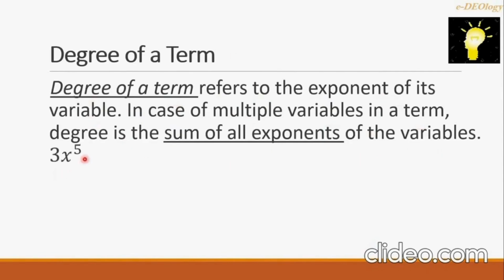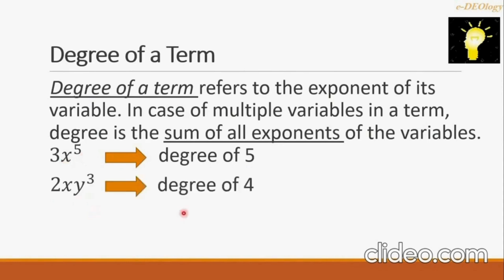Example, 3x raised to 5, the degree is 5, because the exponent of x here is 5. Another example, 2xy cubed, the degree is 4, because we have two variables here, so we add the exponents: x with exponent 1, y with exponent 3, so we add the 1 and the 3, and the degree is 4.